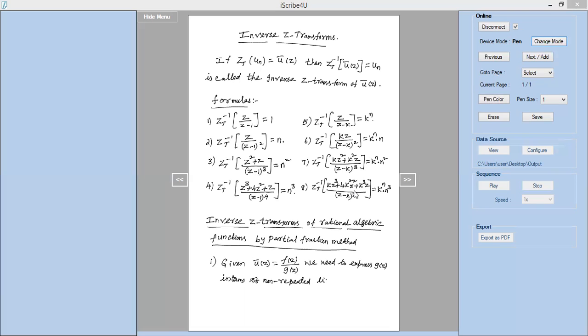Suppose it is repeated linear factors, I will tell how to write that.